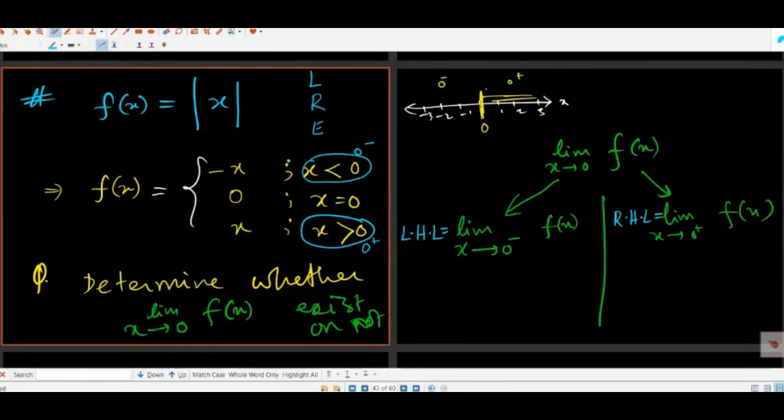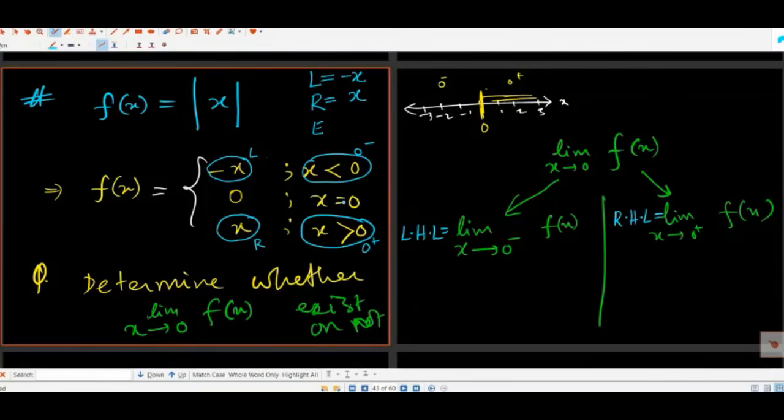Yes, sir. So x less than 0, that means the corresponding function is the leftward function. X greater than 0, the corresponding function is the rightward function. So let's write, we are collecting the information. The leftward function will be negative x, and the rightward or right hand function will be positive x.